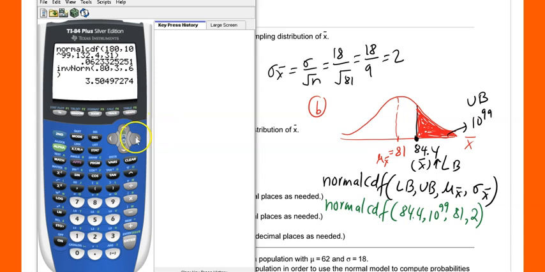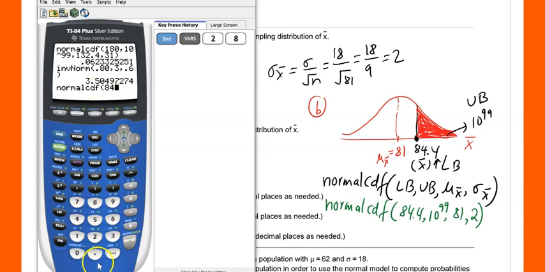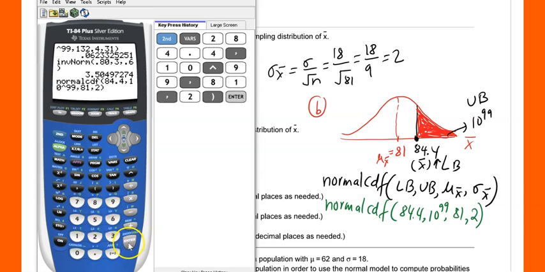and using normal CDF, which is under second VARS, normal CDF is number 2, and use lower bound 84.4, comma, upper bound 10 to the power 99, comma, mean is 81, comma, standard deviation is 2, close parenthesis, and this is the area, 0.04456.